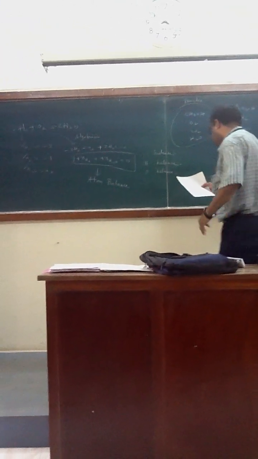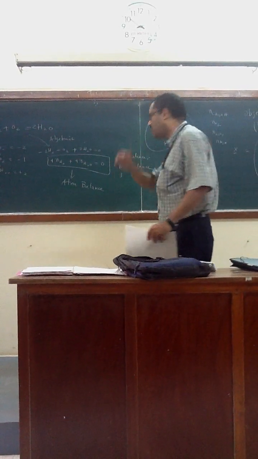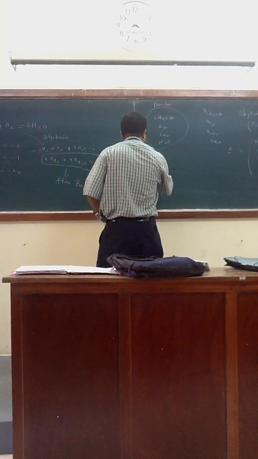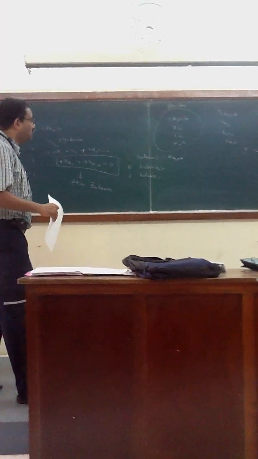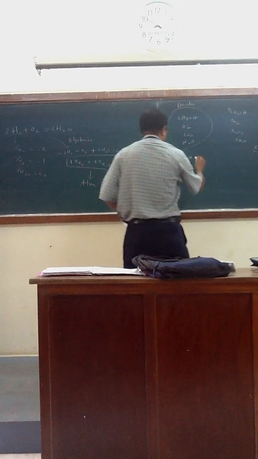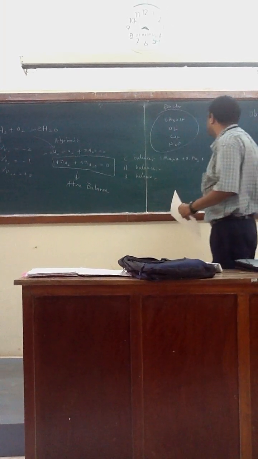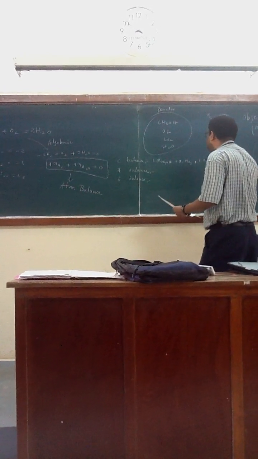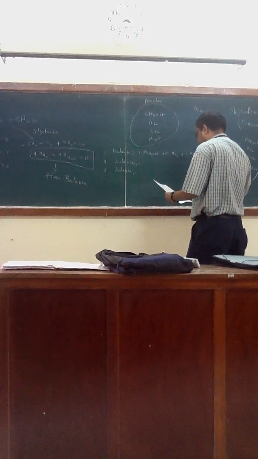C balance: in CH3OH, how many carbon atoms are there? 1 atom. So 1 times n_CH3OH, plus 0 times n_O2, plus n_CO2, since there is 1 carbon, plus 0 times n_H2O. Am I correct?